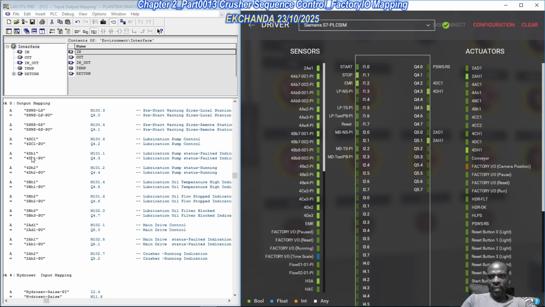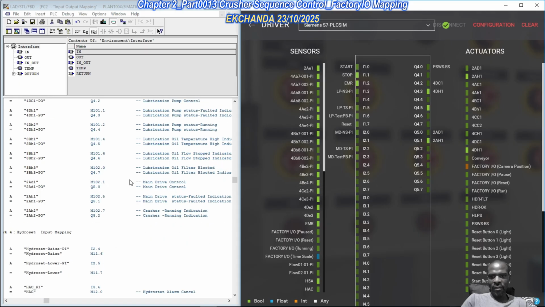Then 4DH1 has been mapped to Q4.3 in FactoryIO, and in Step 7 it's assigned to Q4.3. So same addressing. Then 2AD1 is mapped to Q5.0, and 2AH1 is mapped to Q5.1. So that takes care of the mapping for the lubrication system and the main drive.